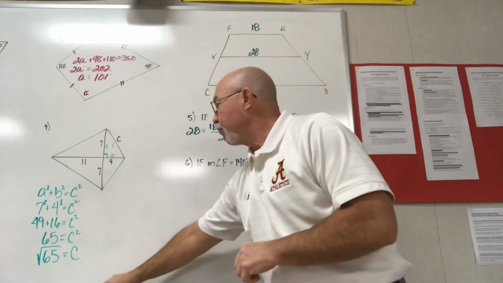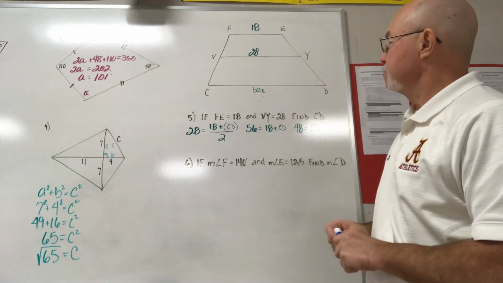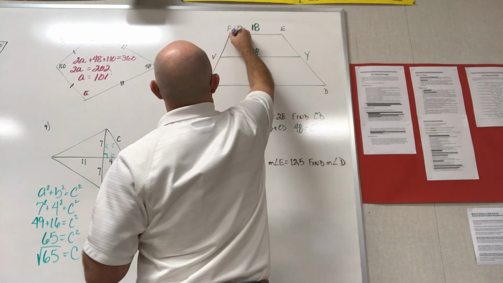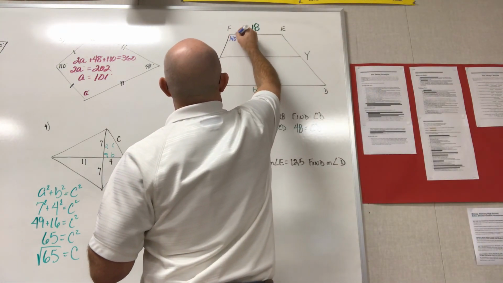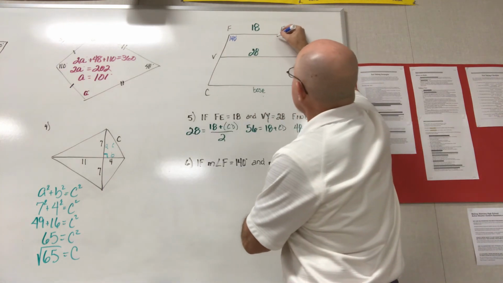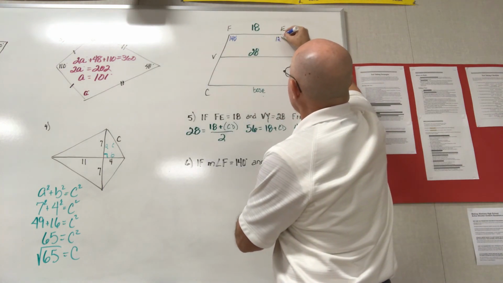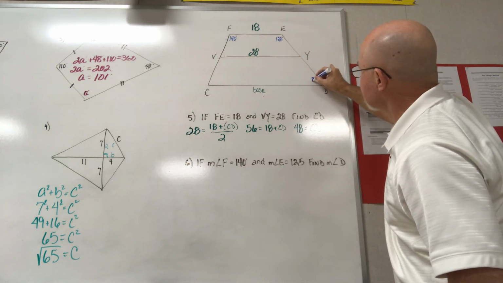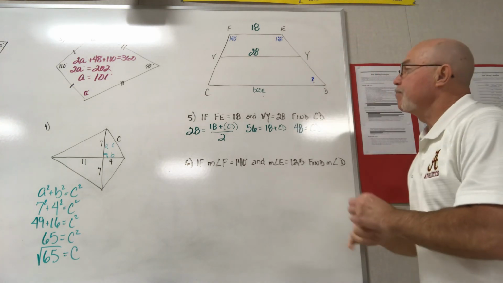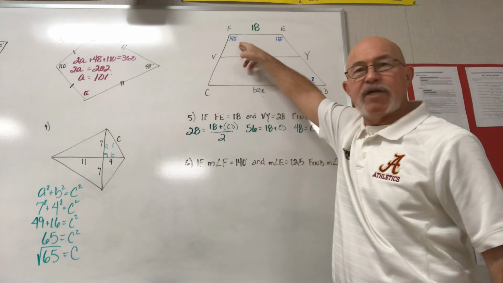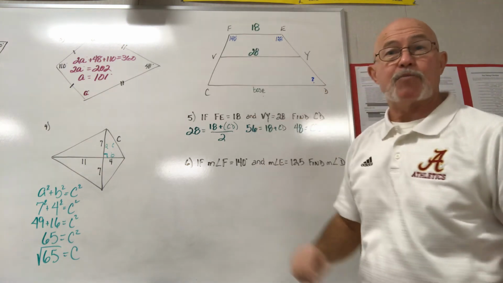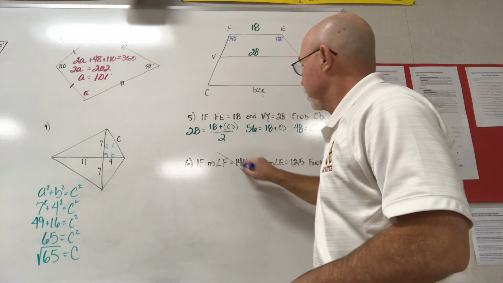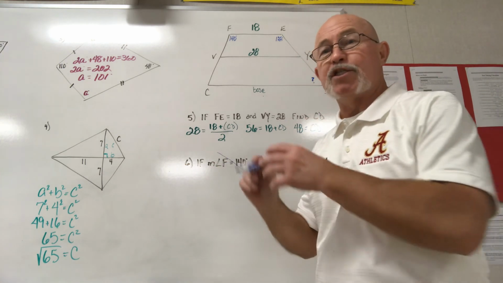Okay? Problem number 6. If the measure of angle F is 140, the measure of angle E is 125, we want to find the measure of angle D. Okay? We don't need 140 degrees. That is too much. We don't need it. We've gone over quite a bit in geometry.